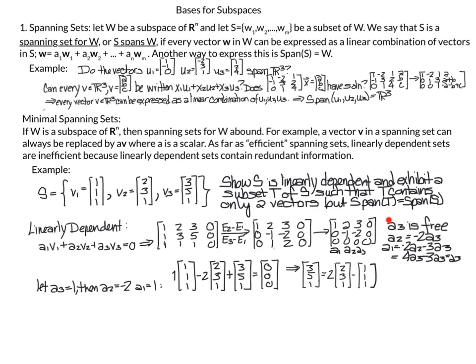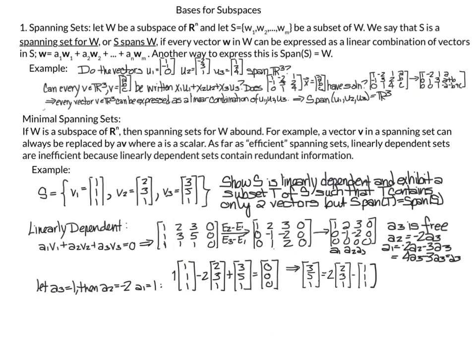So a3 is free, so we'll just leave the third vector here, (3, 5, 1). a2 is equal to negative 2 a3, so here's our second vector, which we need to multiply by negative 2. And last, a1 is equal to a3, so we just put a 1 in front of it and put our first vector in there.